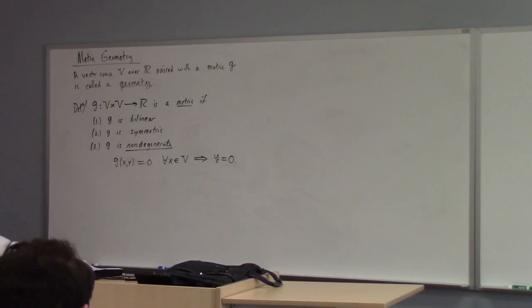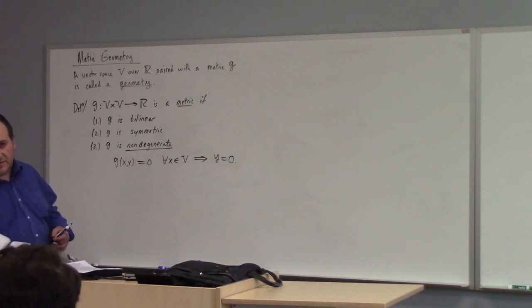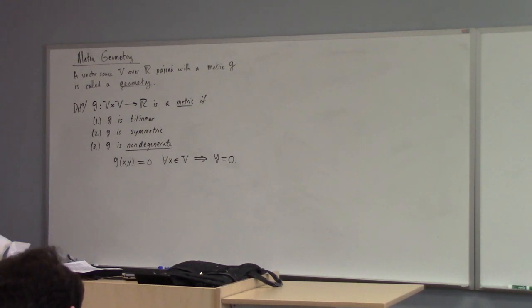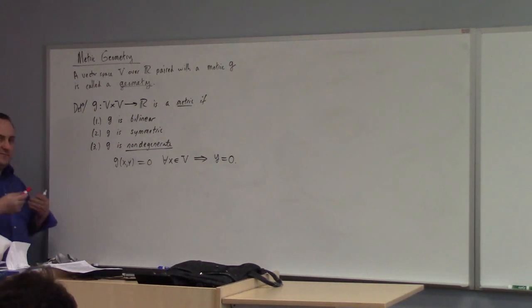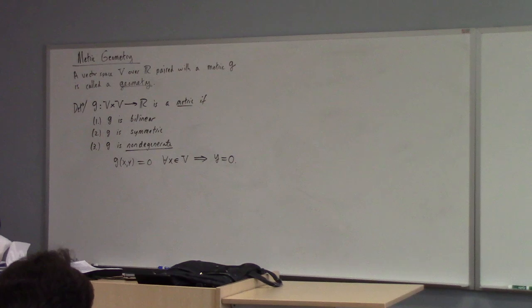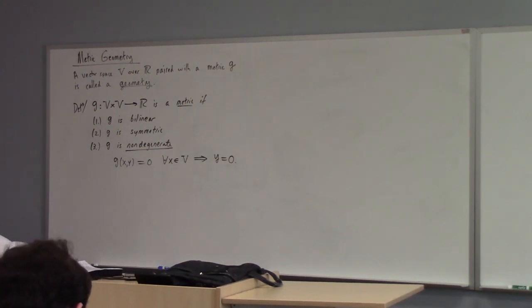So positive definite is that the inner product of x with x is equal to 0 if and only if x is equal to 0, right? We are not supposing that here about a metric. It turns out that positive definite implies non-degenerate. So like every inner product is a metric, but not every metric is an inner product, rather.